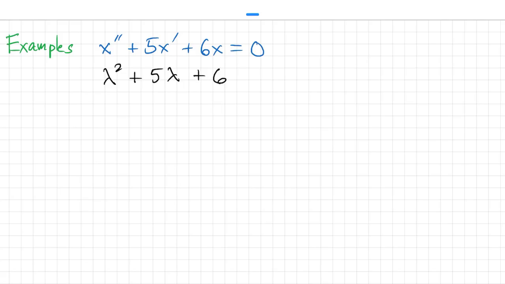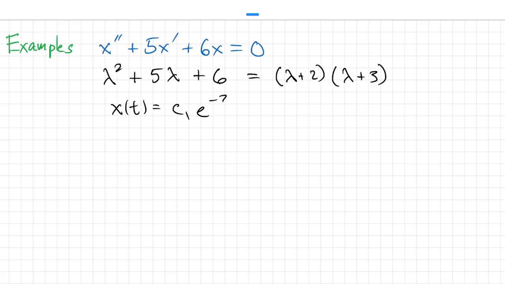Some quick examples. The characteristic polynomial here, you just use the derivatives on x as the power of lambda. That factors into two real roots. So the solution is a combination of e to the minus 2t and e to the minus 3t.